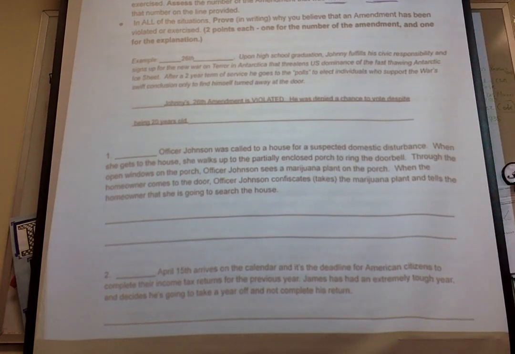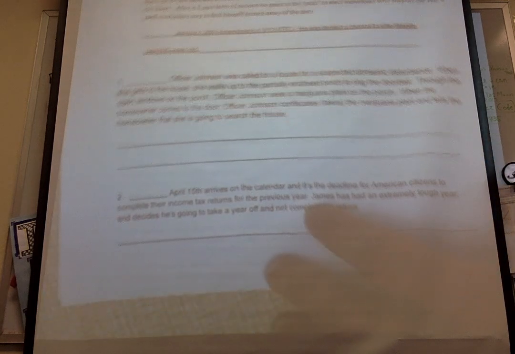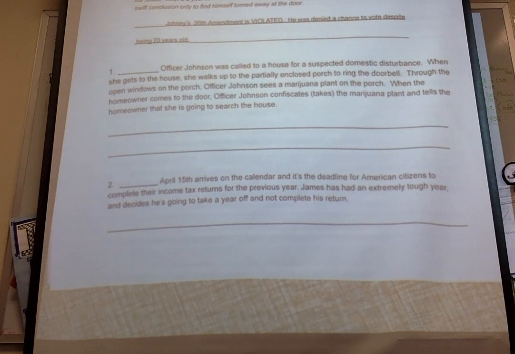So I'm just going to read these, and you can refer back to your notes or the packet I'll provide you on this. So the first one's dealing with Officer Johnson was called to a house for a suspected domestic disturbance. A domestic disturbance can be defined, as one example, as a husband beating up their wife or a girlfriend, usually some type of physical altercation.